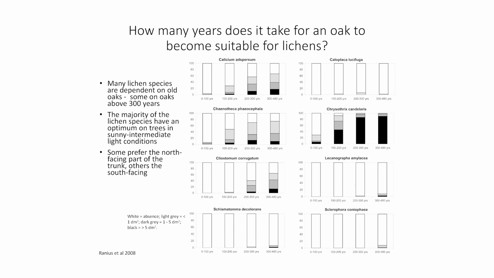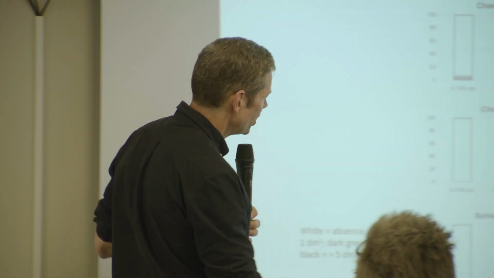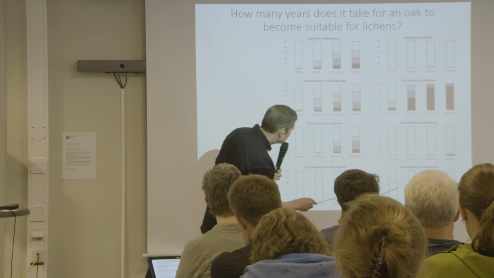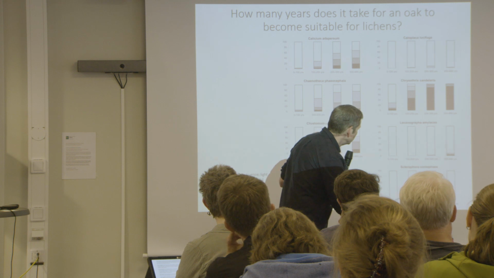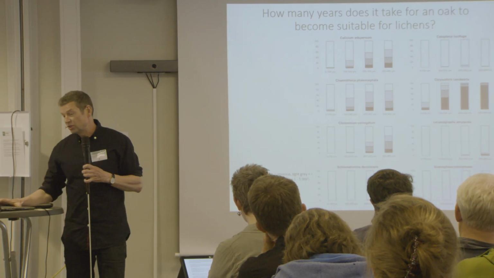So some of these species only need oaks that are approximately 100 years old. But as you can see, we have a number of species down here, Schismatoma decolorans and Sclerophora conifera, that need oaks that are at least 300 years old.